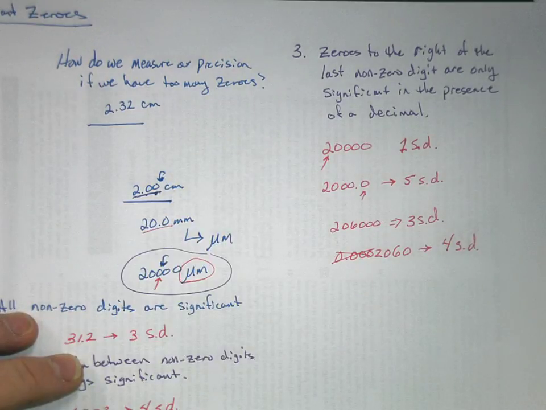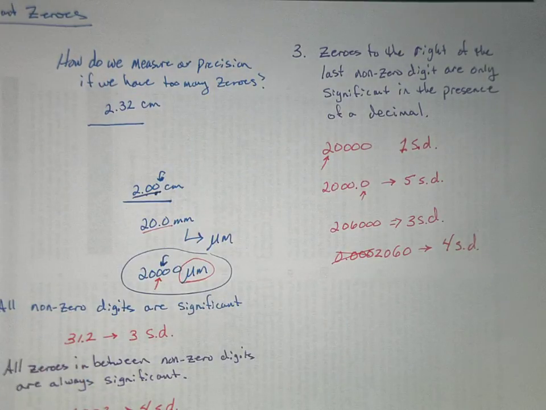And according to our rules, trailing zeros, there's a decimal, all 3 of those count. This is not incorrect though, this is still 20,000 micrometers. But how do I tell somebody that it's not 20,100 micrometers? Or 19,900 micrometers? Where do I put the decimal?